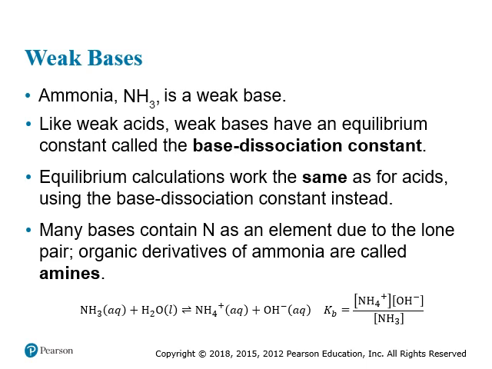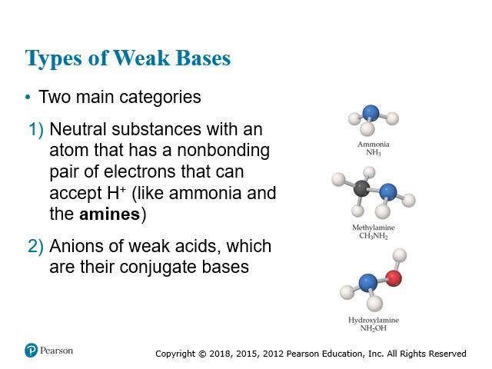It should also be noted that many bases contain nitrogen because nitrogen tends to have that lone pair of electrons on it willing to accept a proton. Now, in general, we can categorize weak bases in one of two ways.